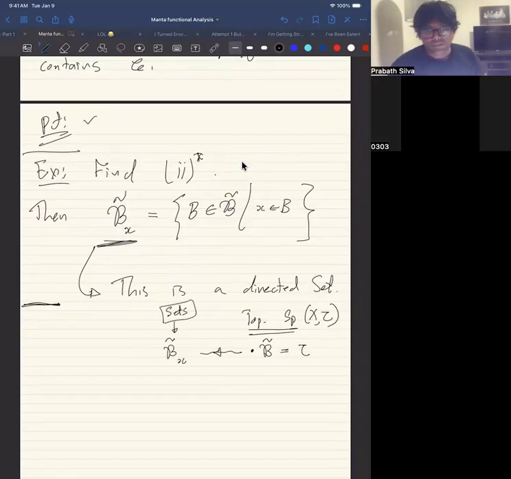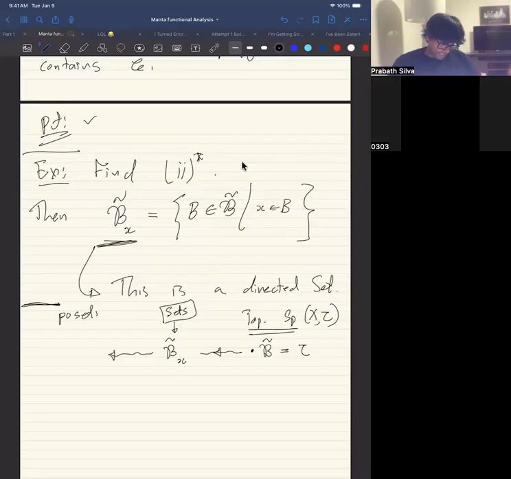Okay, these are B delta X. These are some subsets of a set. Okay, and then you get this version on the lattice side.